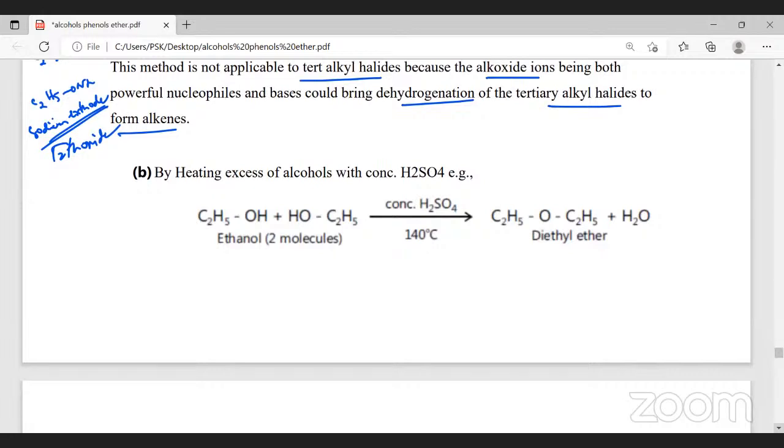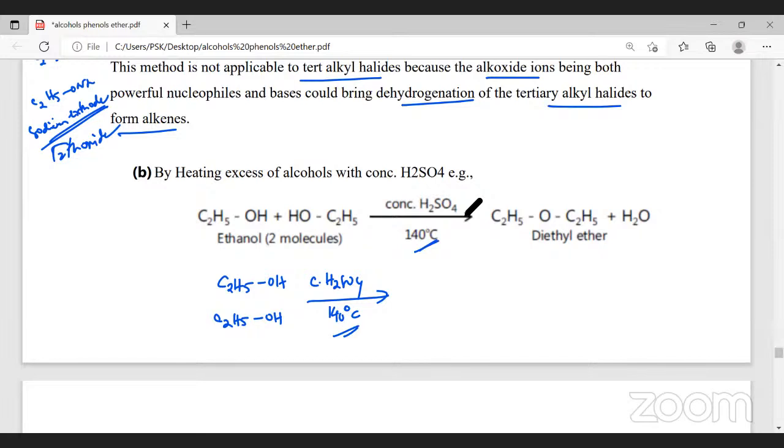Followed? Yes, sir. The second method of preparing an ether is by heating an alcohol with excess of concentrated sulfuric acid. Now, alcohol, ethanol, we write as C2H5OH. When this alcohol is heated with concentrated sulfuric acid at 140 degrees Celsius, concentrated sulfuric acid is a dehydrating agent.